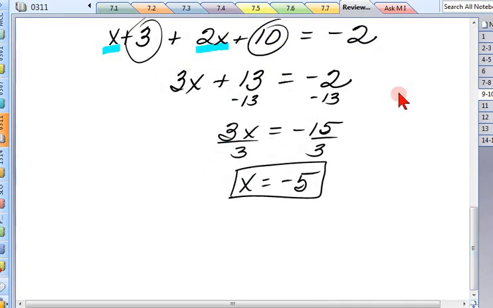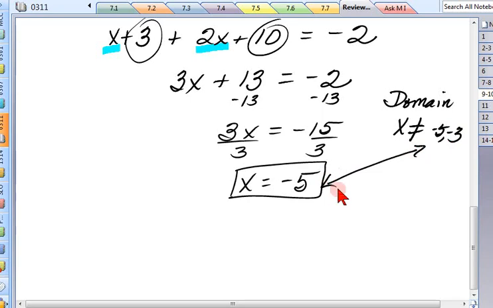So the domain was that x cannot be negative 5 or negative 3. And that's just what we got. So the answer key is wrong. It has this x equals negative 5 listed.